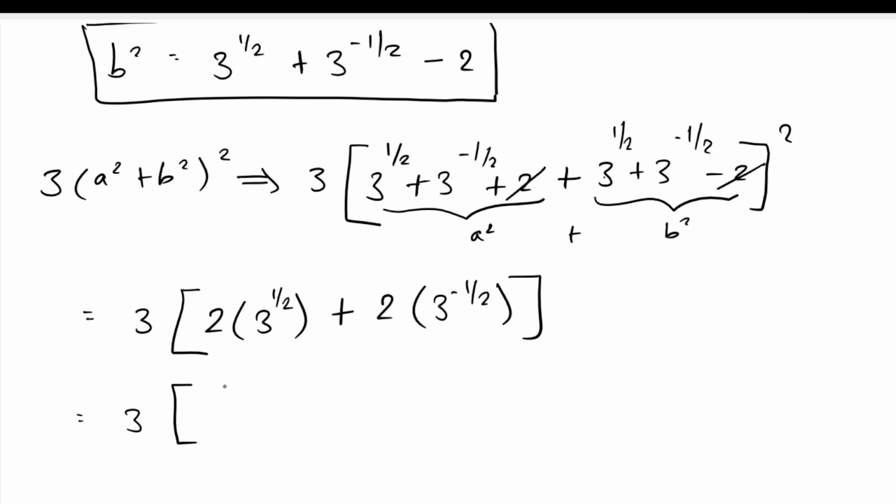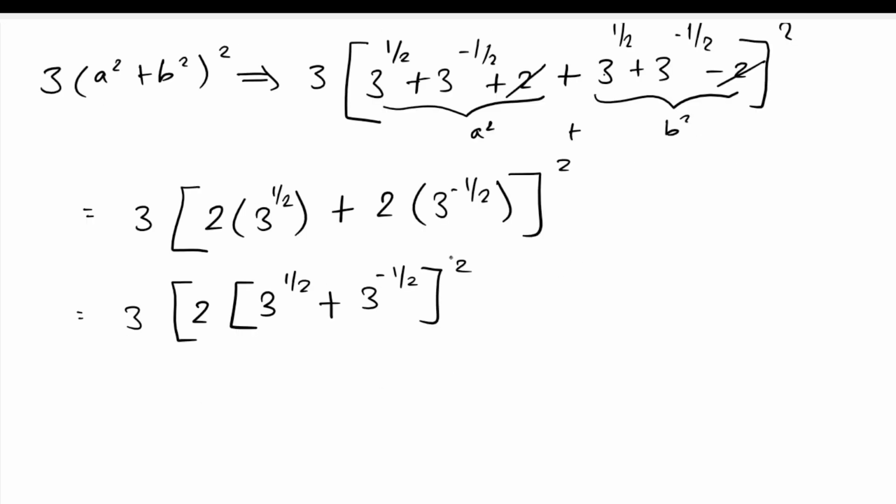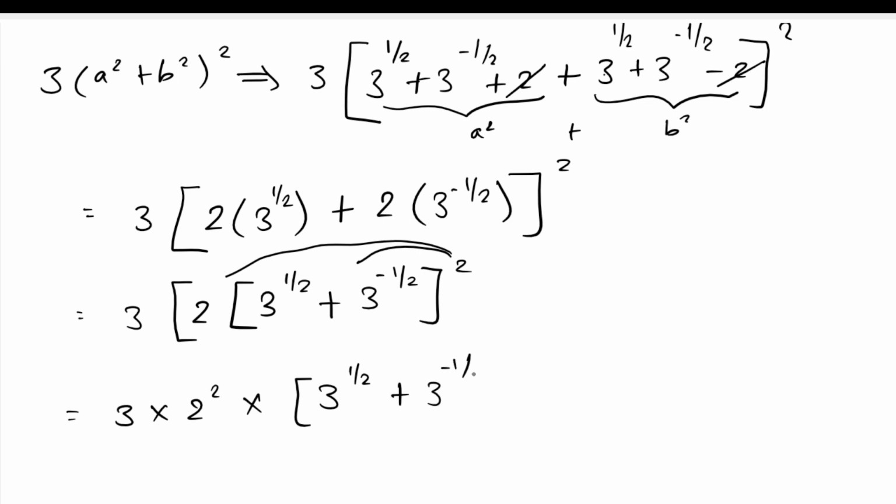Then 3 into, here I am taking 2 out as common, so I'll get 2 into 3 to the power 1 by 2 plus 3 to the power minus 1 by 2, the whole square. The square I'm applying to this and this 2 separately. So I will get 3 into 2 square into 3 to the power 1 by 2 plus 3 to the power minus 1 by 2, the whole square.